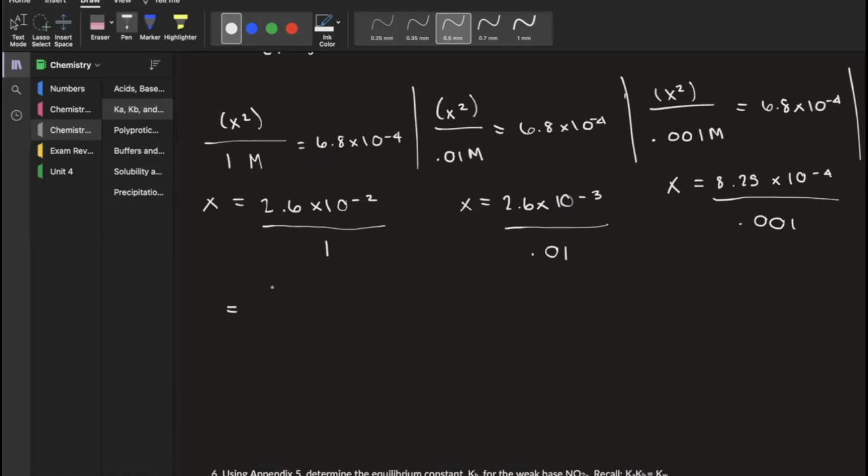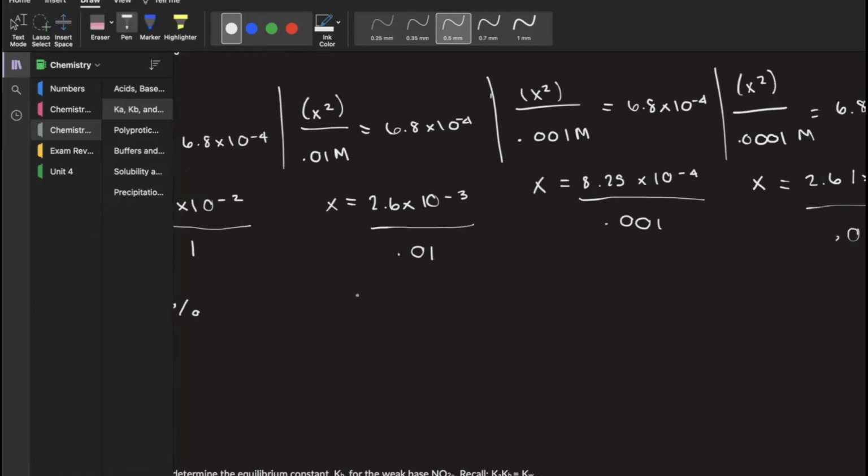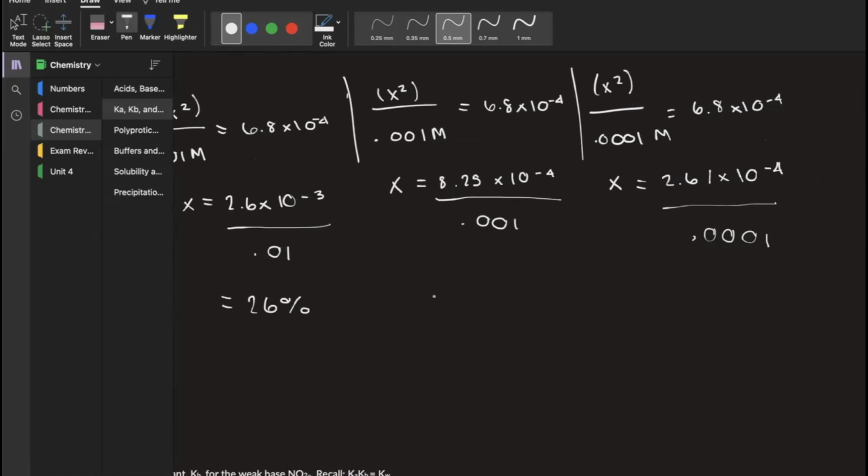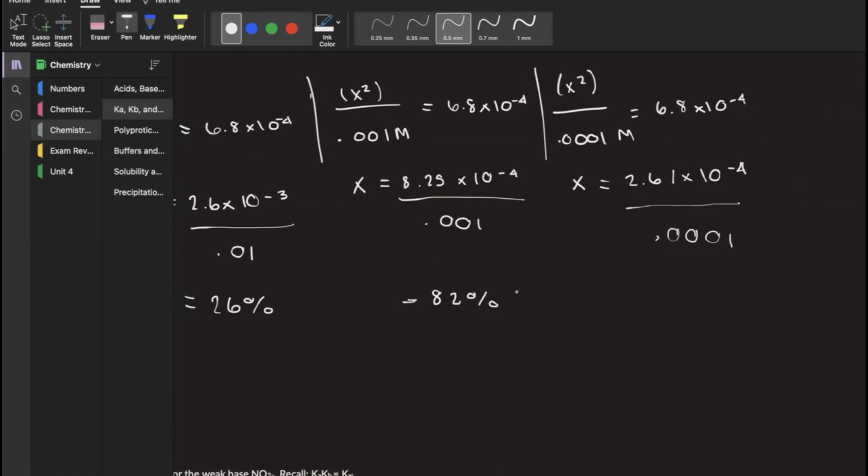Doing these problems, we get 2.6% dissociation by multiplying by 100, then a 26% dissociation by multiplying by 100, a roughly 82% by multiplying by 100, and finally a 261% by multiplying by 100.